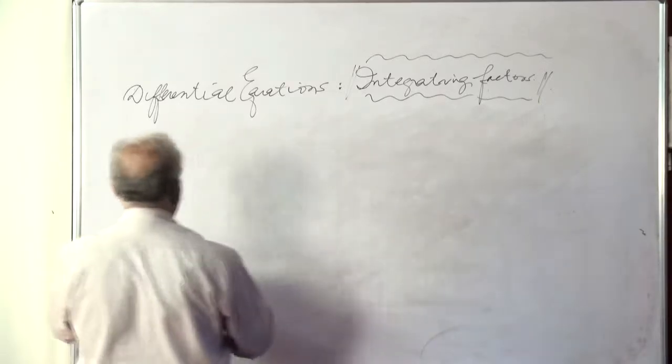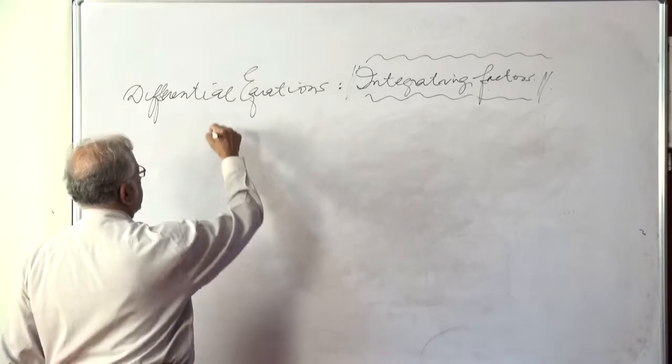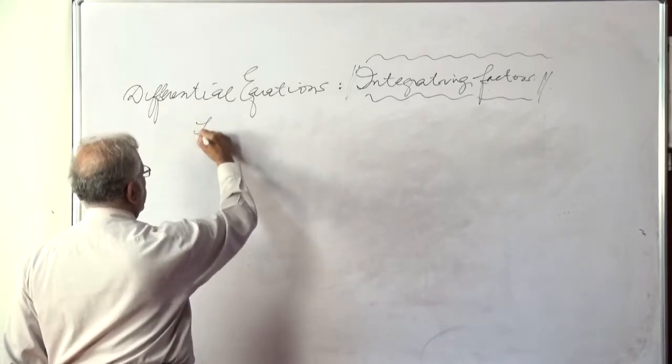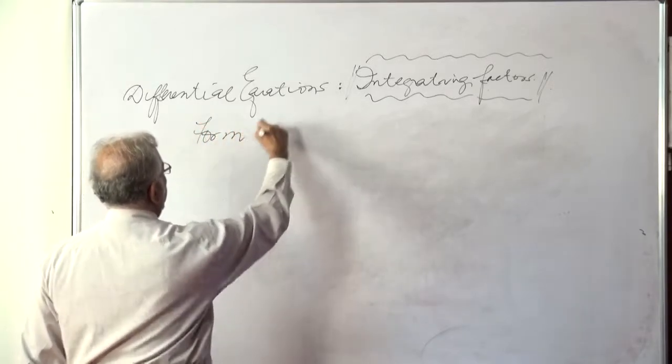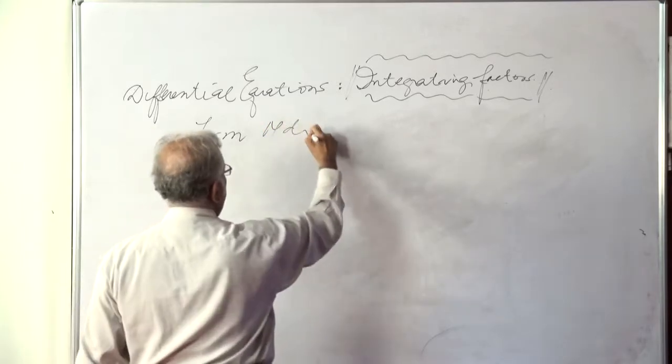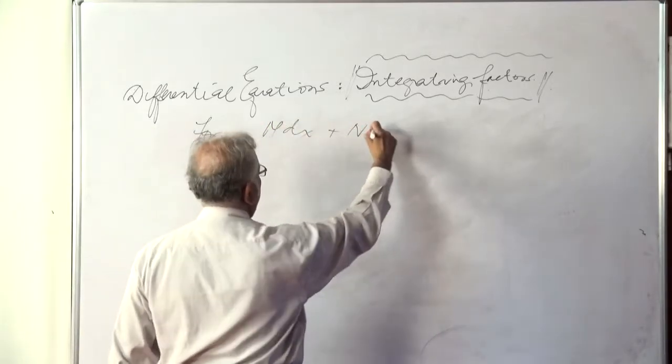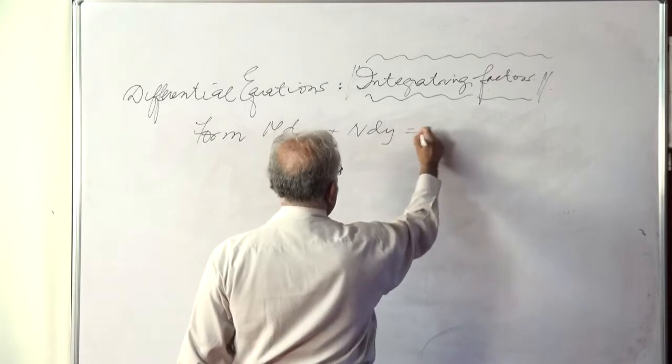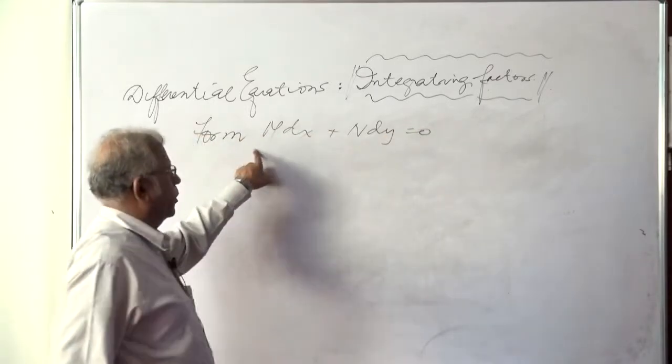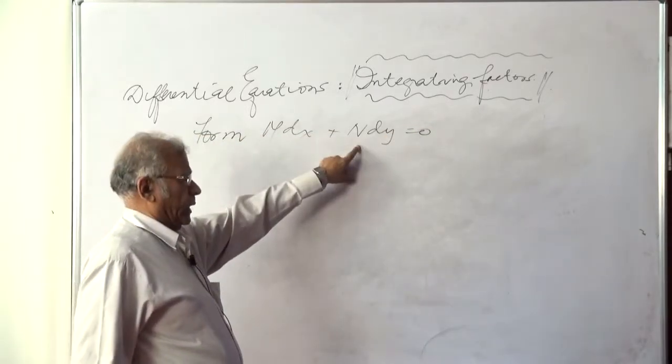So, the first form that we are discussing is the form M dx plus N dy equals 0, where M and N are homogeneous functions of x and y.